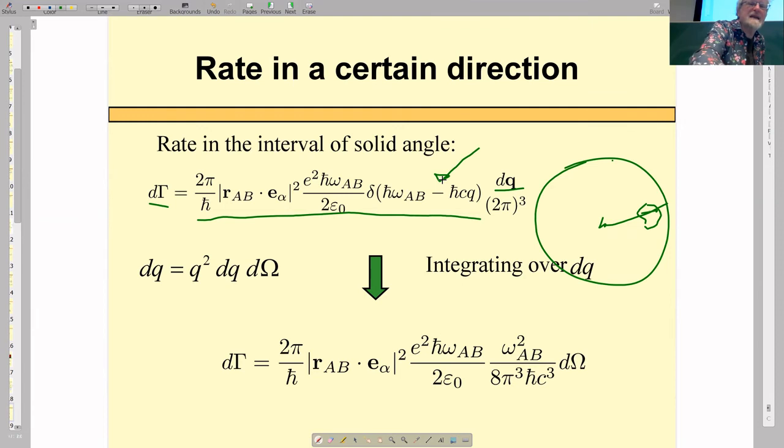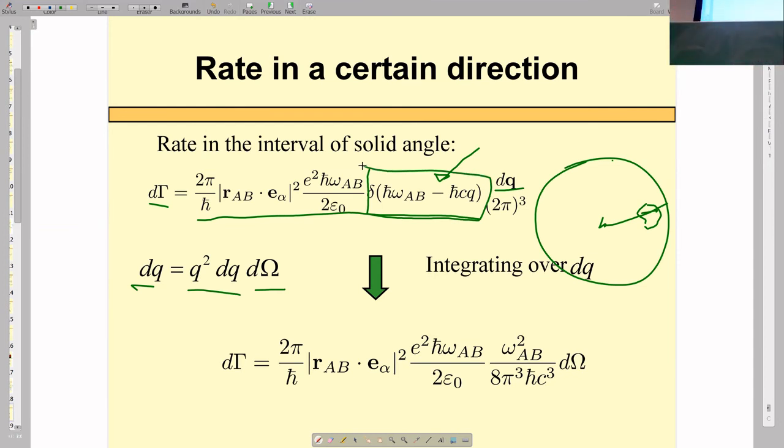So the 3-dimensional K I present as an integral over modulus Q and solid angle. And now I can integrate over Q, over modulus Q. And that, happily enough, cancels this delta function.